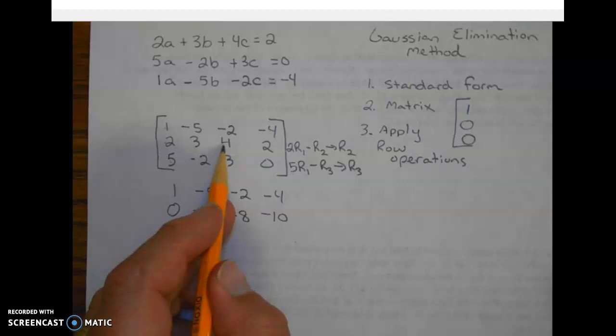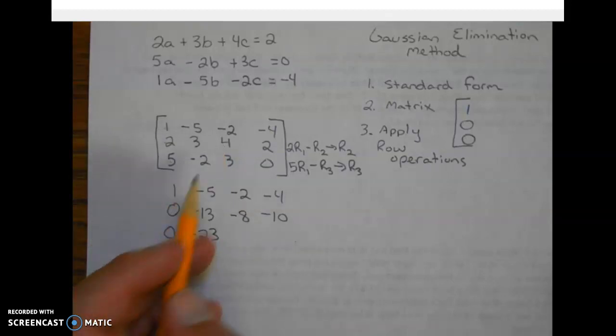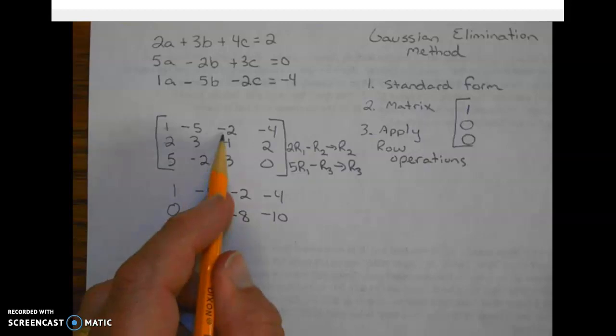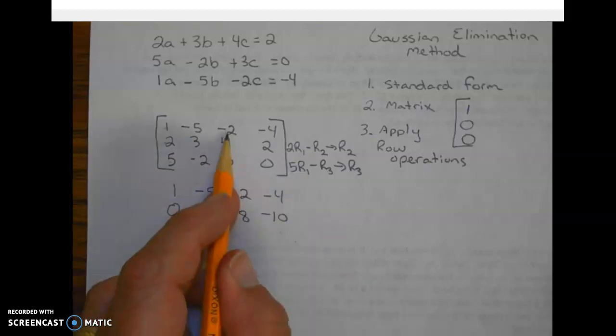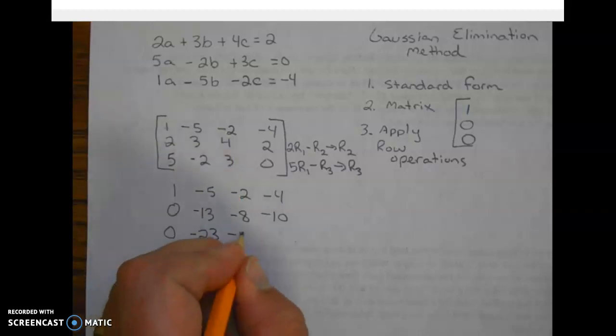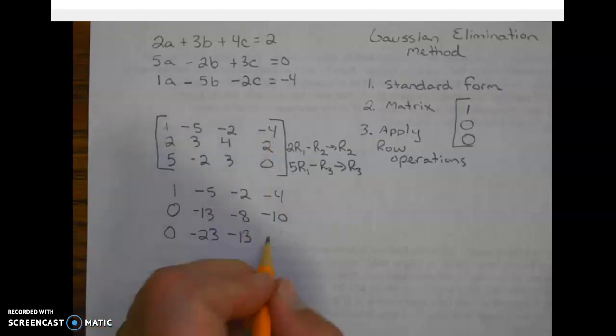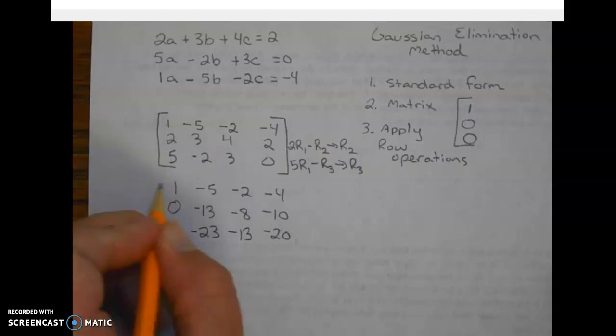Sorry. 5 times -2, row 1, is -10. -10 minus 3 is -13. 5 times -4 is -20. -20 minus 0 is -20.